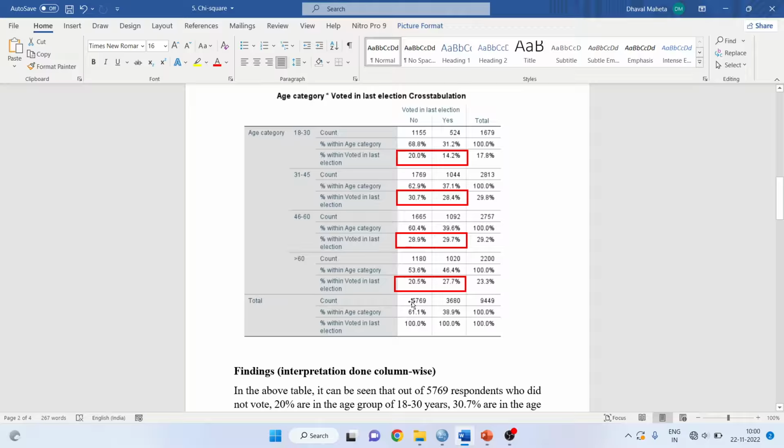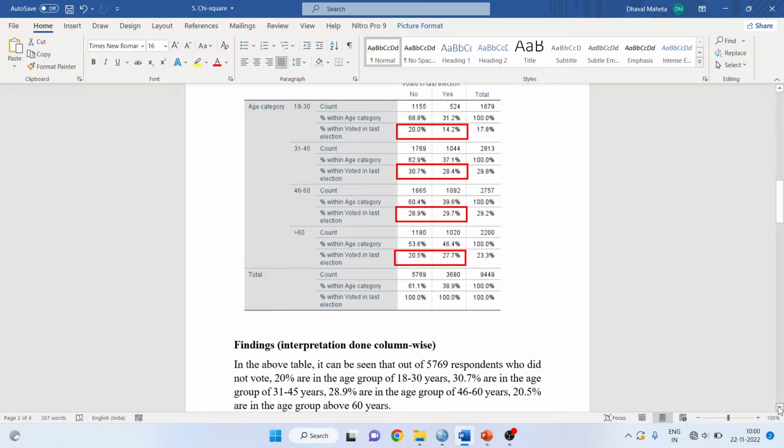So if we talk about this number 5769, these are the people who have not voted, a column, and the percentage is 20%. It means that 1155 divided by 5769 is 20%. Then if I talk about 1769, the percentage is 30.769. So the second row is interpreting the result column wise.